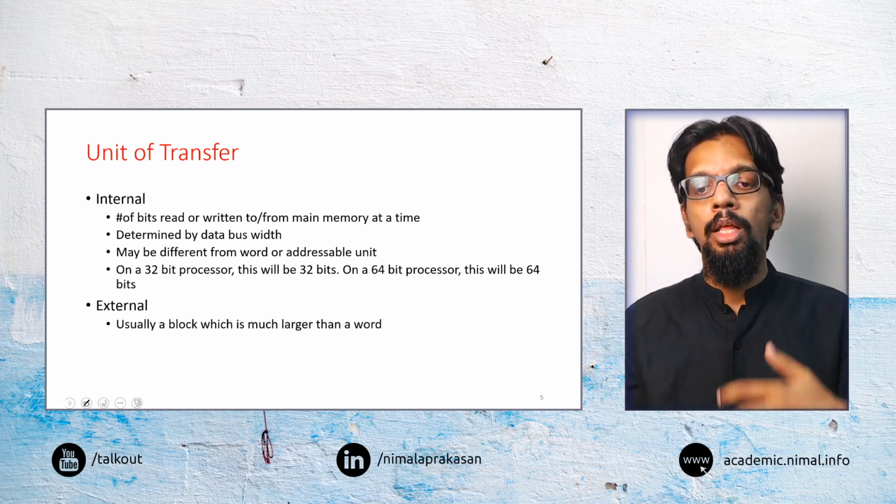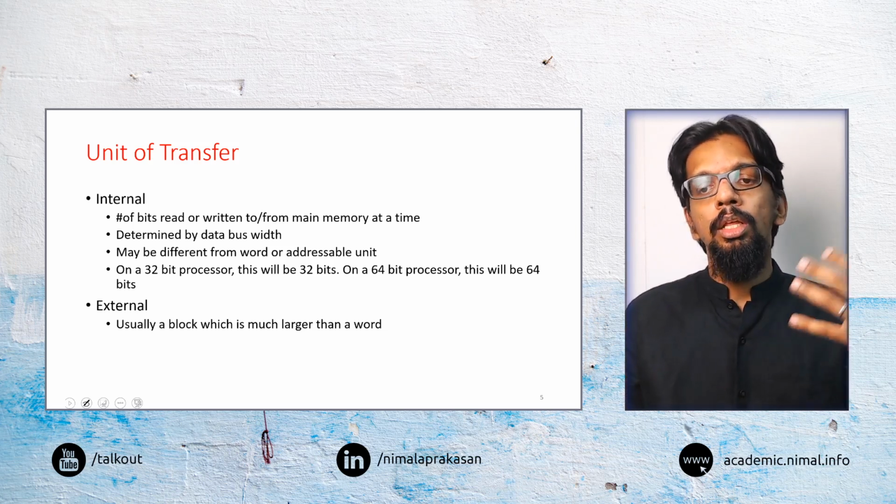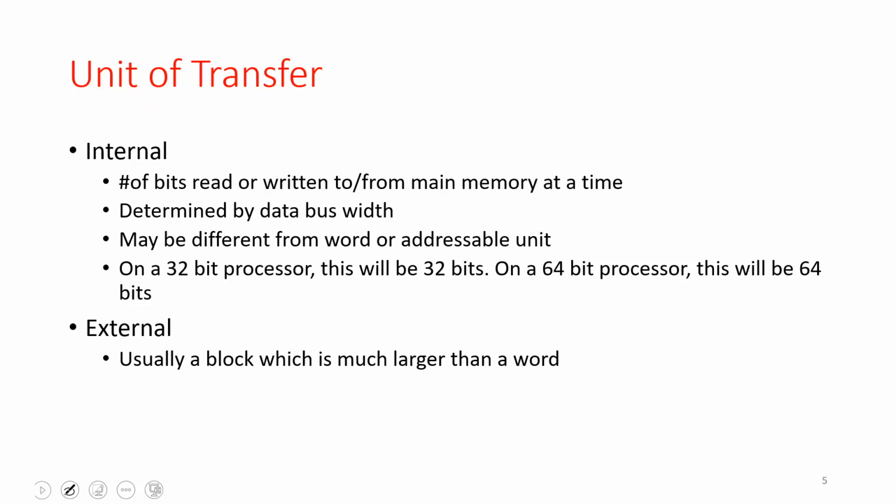And we may need to have some level of addressing mechanisms within this computing system, and this addressing may or may not differ from the word length that we have here. We can look at this in much more detail later on.